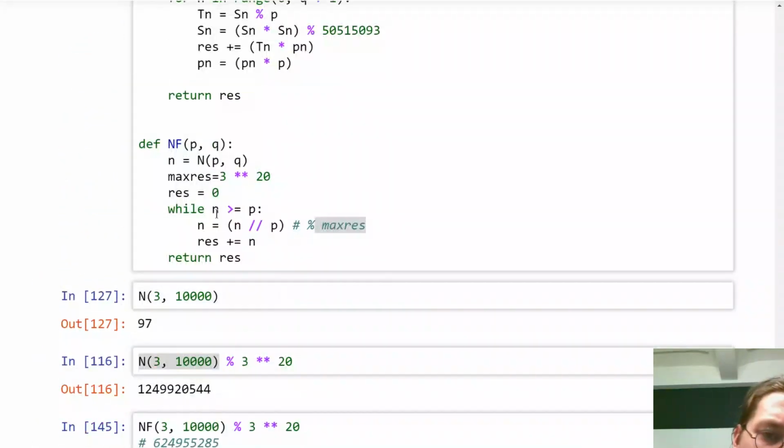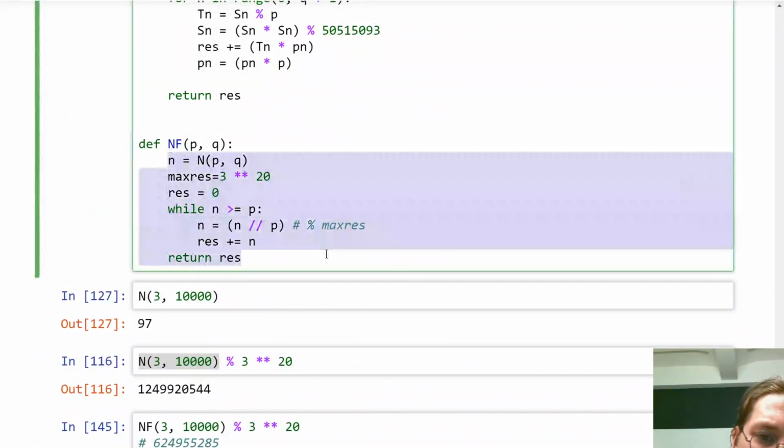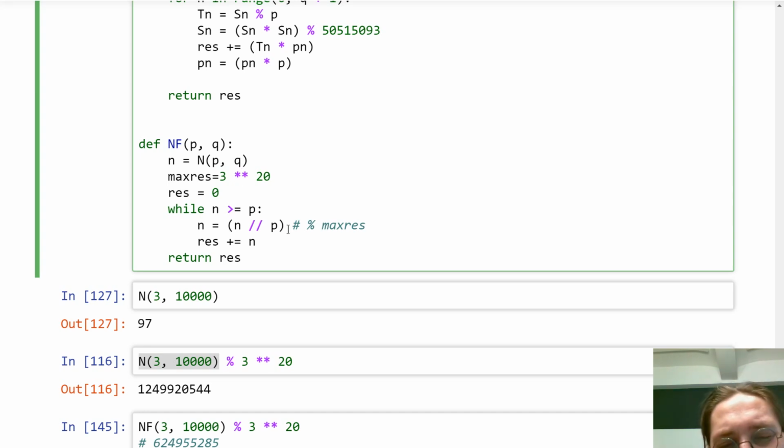So most of the time, at least for these values, is spent here. And n is getting smaller. So even assuming this can't be meaningful.